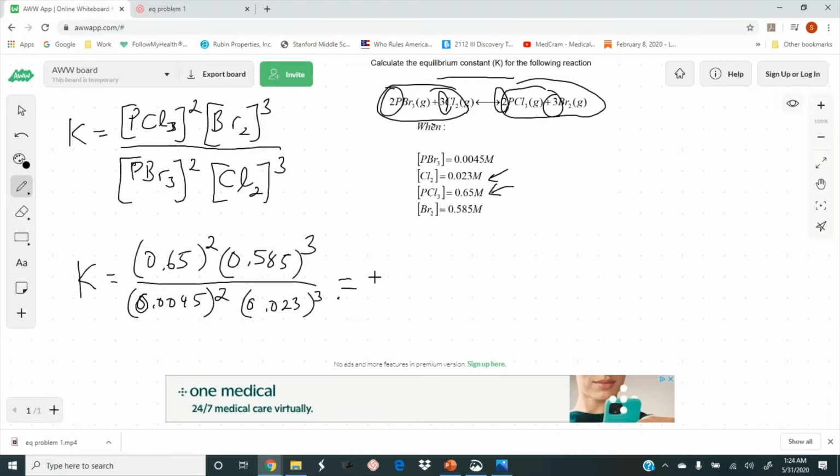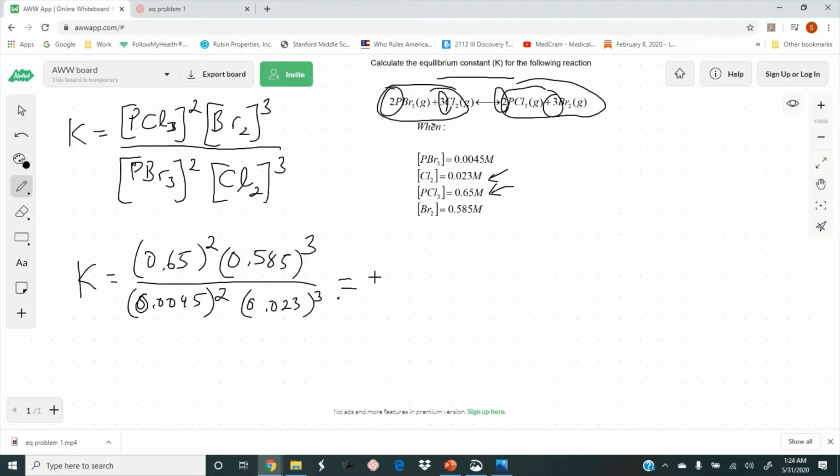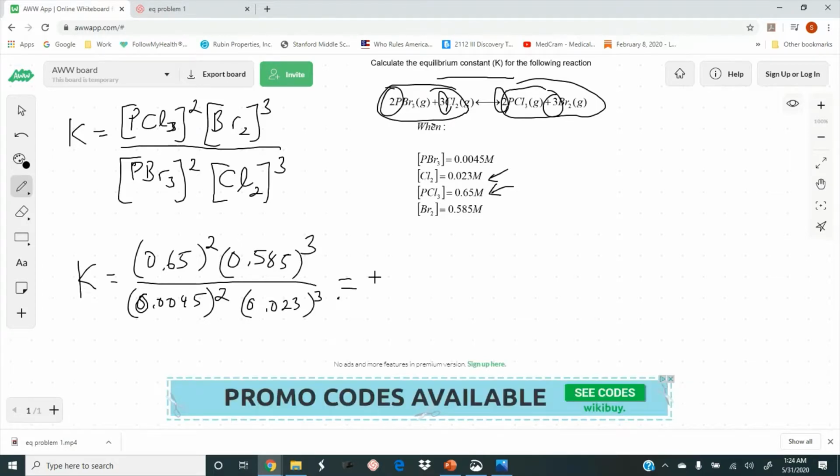Divided by 0.0045 squared, and then divided again by 0.023 to the third power, or cubed. And that's going to give me a big number, which is 3.43 times 10 to the 8th.